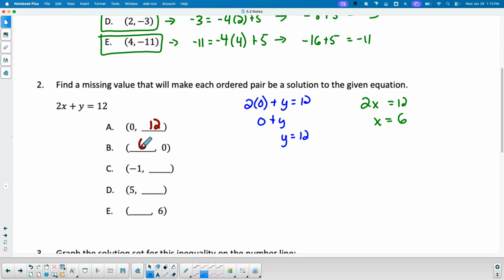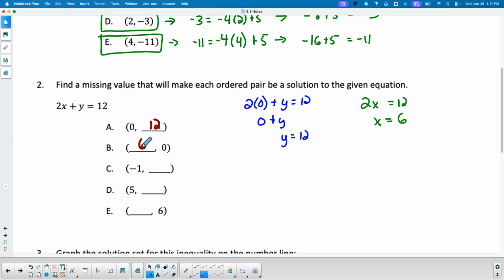Those two are special, right? Why are they special? They're intercepts, yep. The top one is the y-intercept because x is 0. The bottom one is the x-intercept because y is 0. Okay? Those are special. So we have to remember what those are.